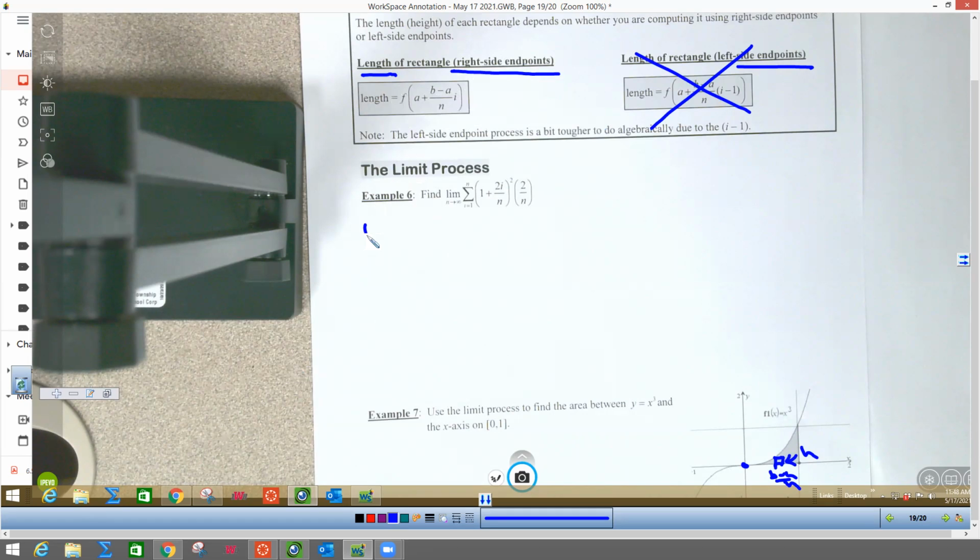So our width on this problem, well, they actually gave us all we need. This thing right here is our width. They're giving us that it's a 2 over n width. And then this part in here is our length, our f of this. This is the whole f of this, because you see that little square there? That means they've already done this.